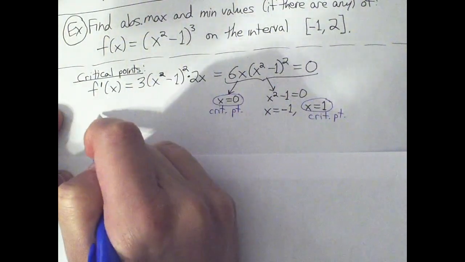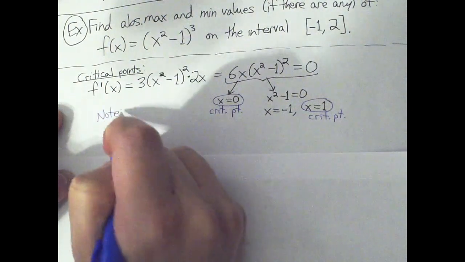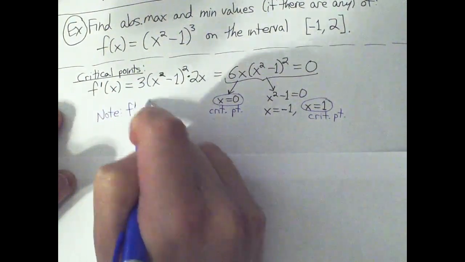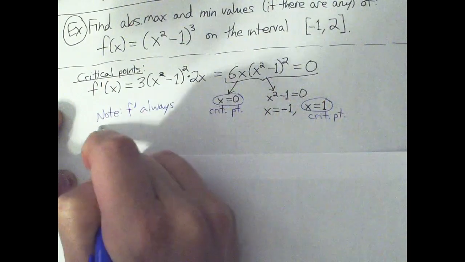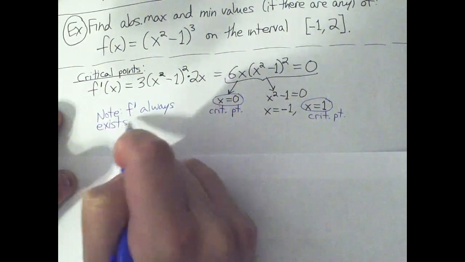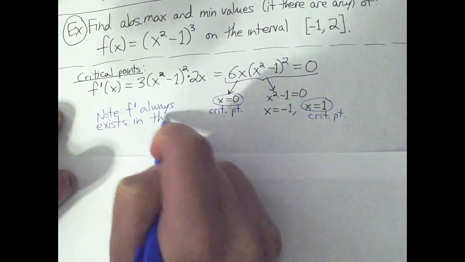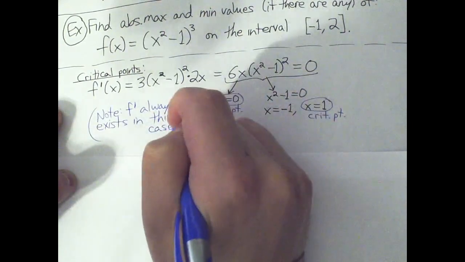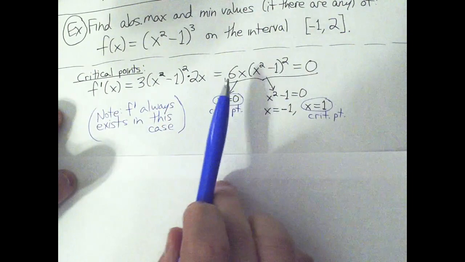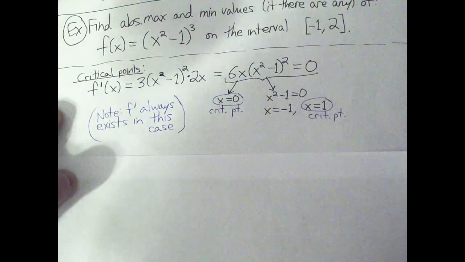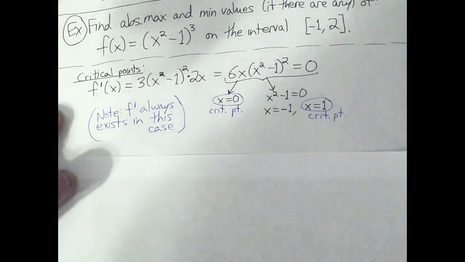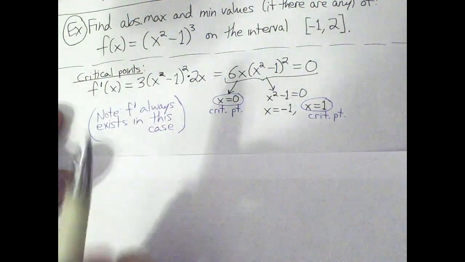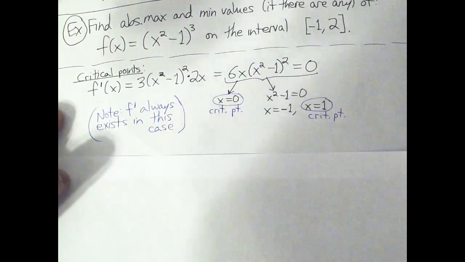Note, f prime always exists in this case. We can find critical points sometimes by finding the derivative and looking for places where it's undefined. That might happen if you have a denominator and you don't want the denominator to be 0. You might find critical points that way, but it's not happening in this problem.